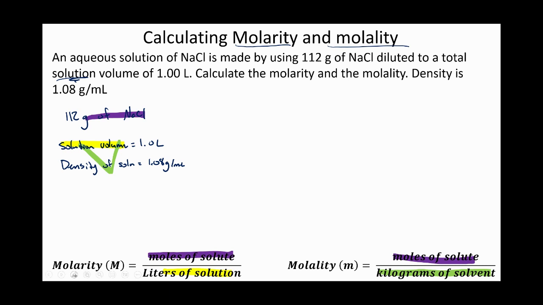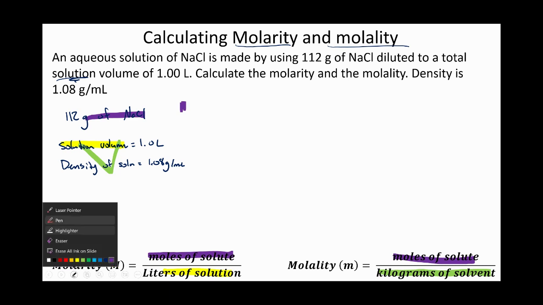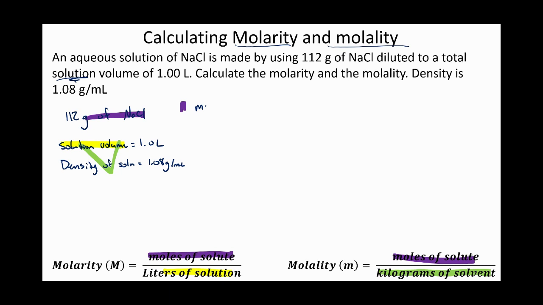The first thing I'll do is calculate my moles of solute. If I have a mass of solute, the way I'm going to go from mass to moles is using the molecular weight here.